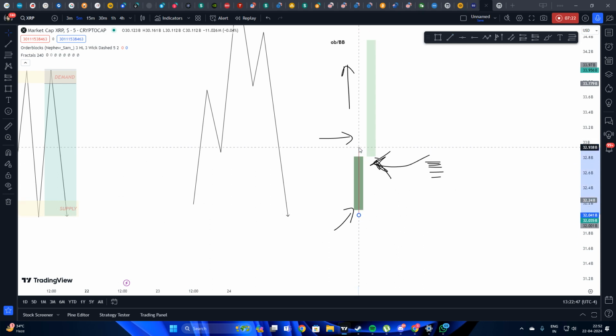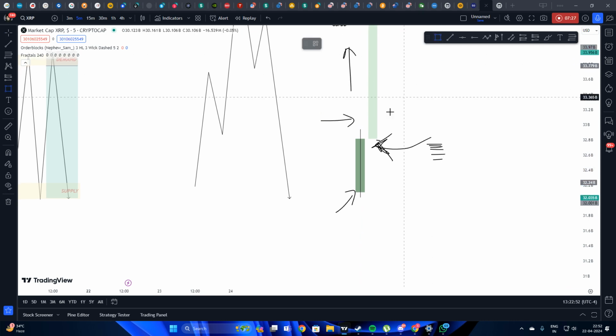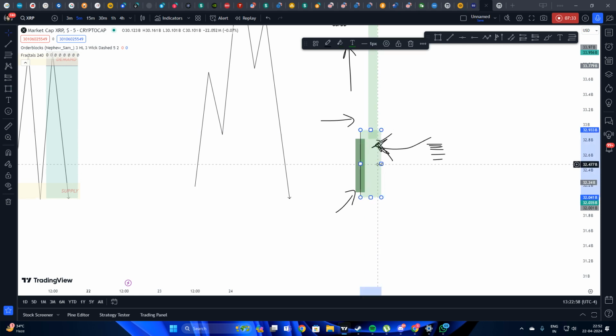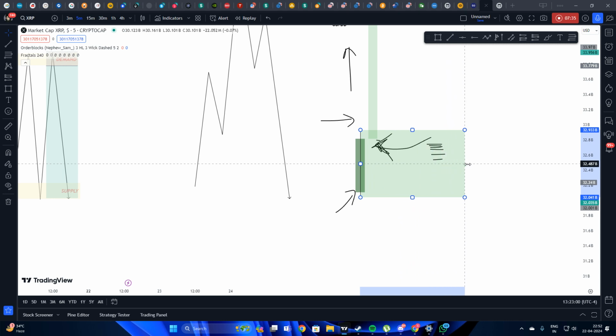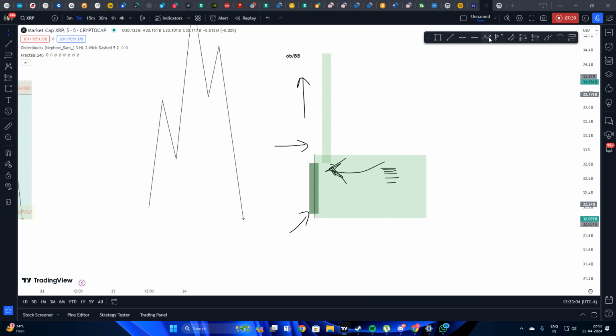This is the wick, okay, and the order block forms from the high of the wick to the low of the wick, and this exactly becomes an order block. Now, what happens is the market returns back to this place, okay, and goes up.